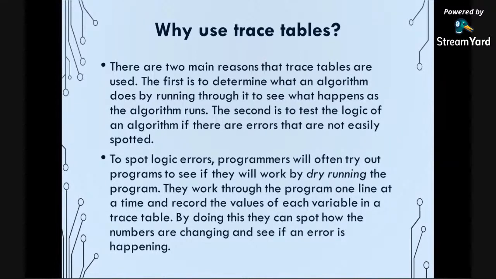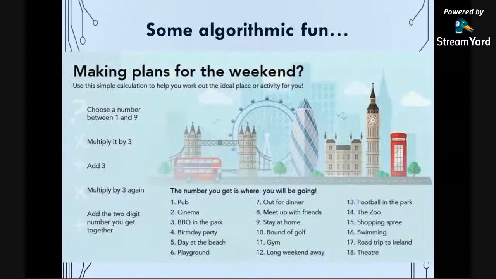And you are tracing your way through the algorithm, which is why it's called a trace table. So this means you can spot how the numbers change, and you can see if there's an error of some sort.